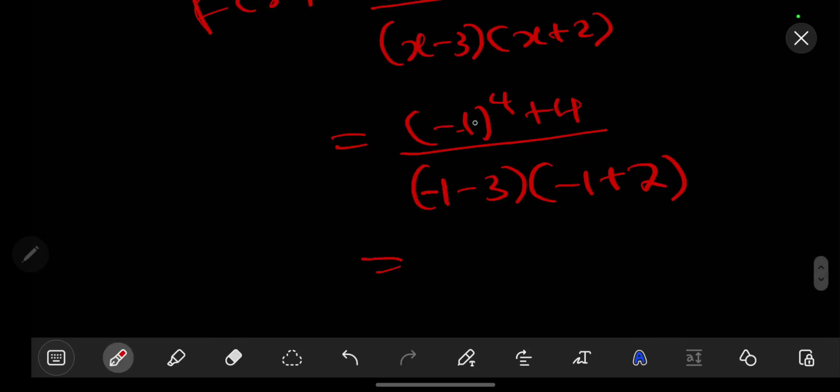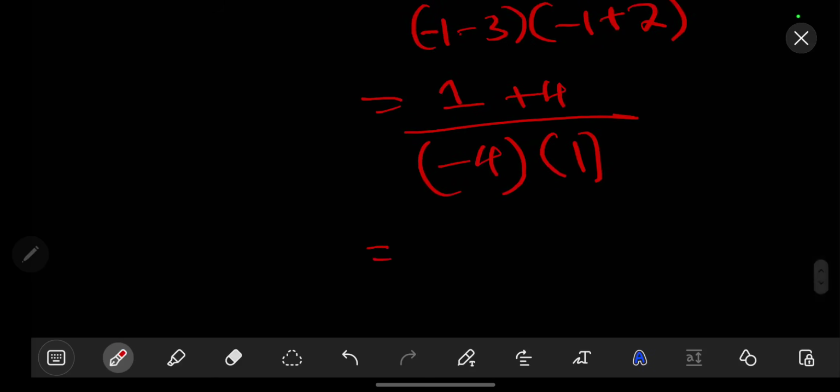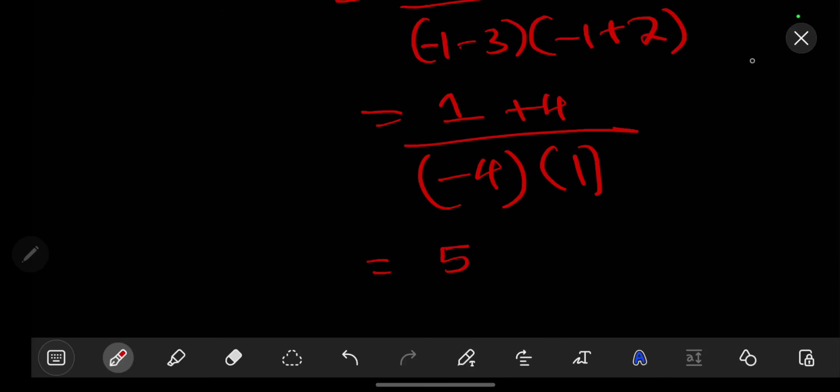What we are going to have is negative 1 to the power 4 will give us a positive, since 4 is even, plus we have 4 over negative 1 minus 3. This will give us a negative 4. Then we have times positive 1 like that. So what we have is a 5 over our negative 4. So this will give us 5 divided by 4 is a 1.